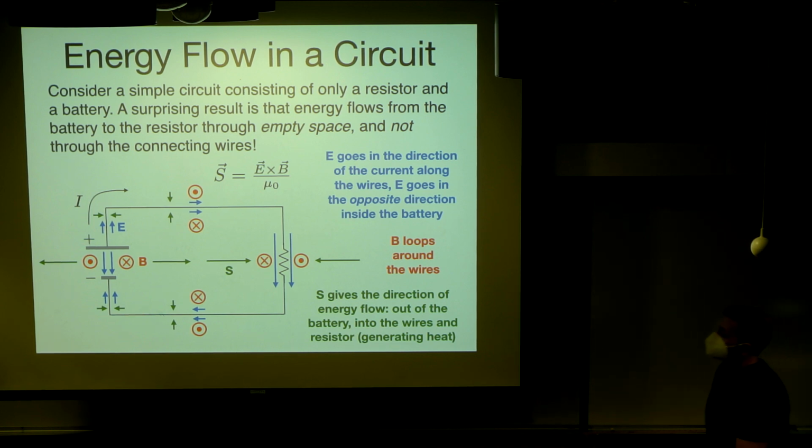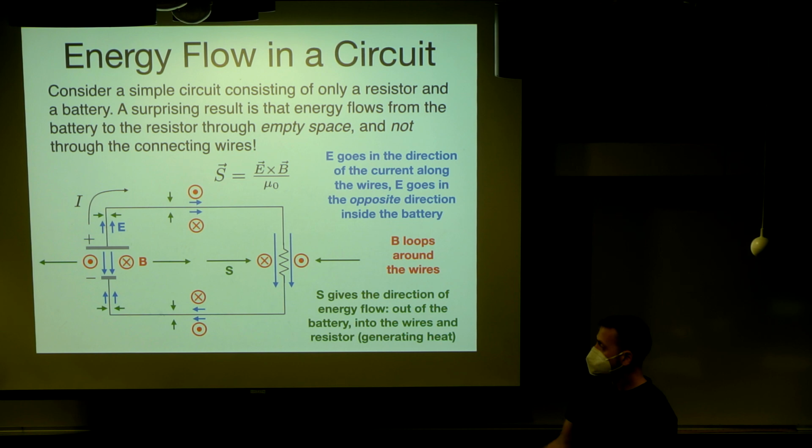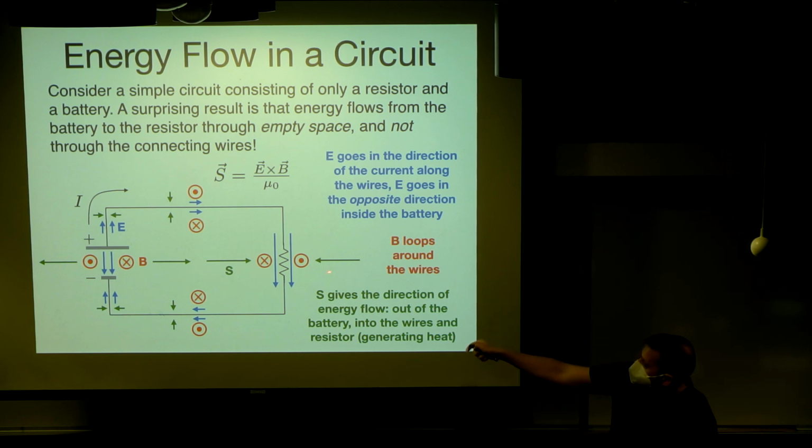All right, so what you can clearly see here is the S vector is flowing out of the battery. That makes sense. Energy is going away from the battery. Where is it going? It's going mostly towards the resistor, okay? But because we have resistance in the wires, there's also some energy going towards that as well, okay?